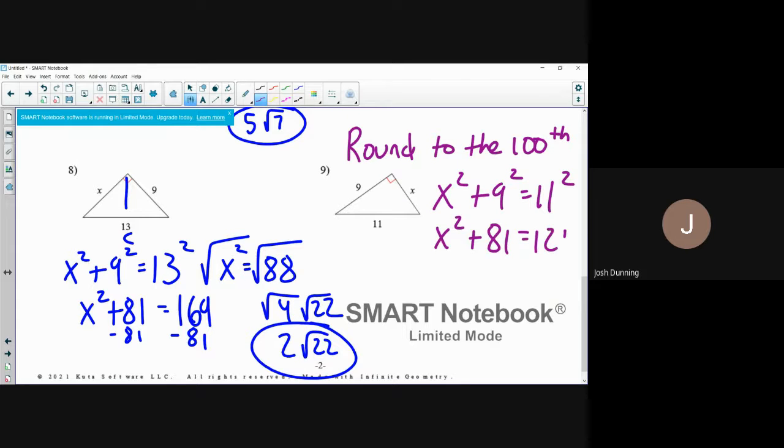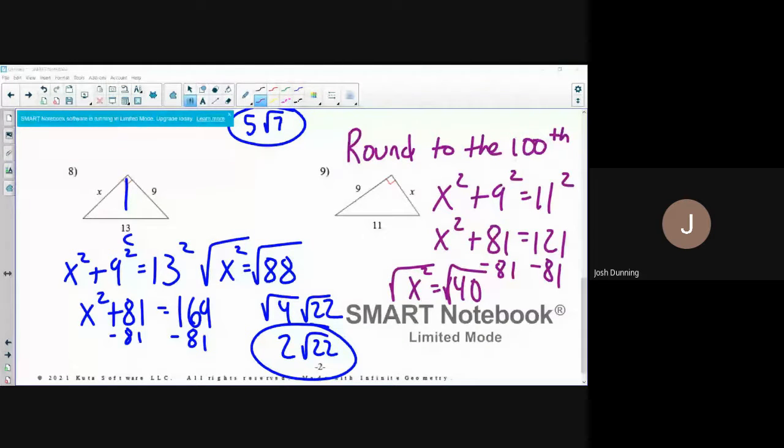If it says to round, you're not doing the simplest radical form. You want a decimal. Oops, getting ahead of myself. You want a decimal. This one's even easier. Well, it should be. Just don't let it confuse you. Just grab your calculator.